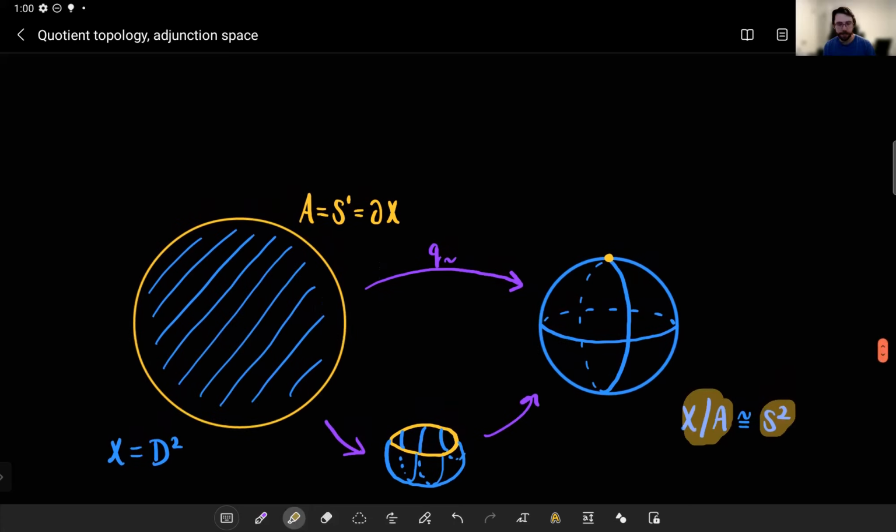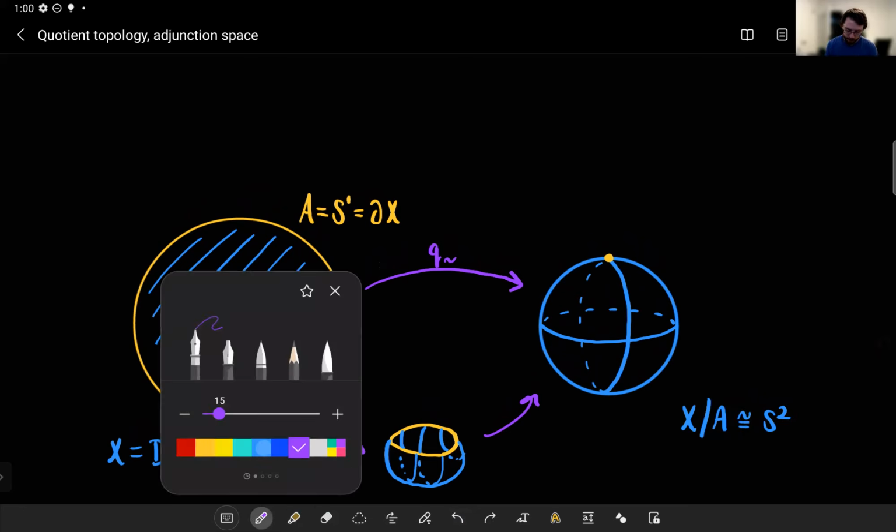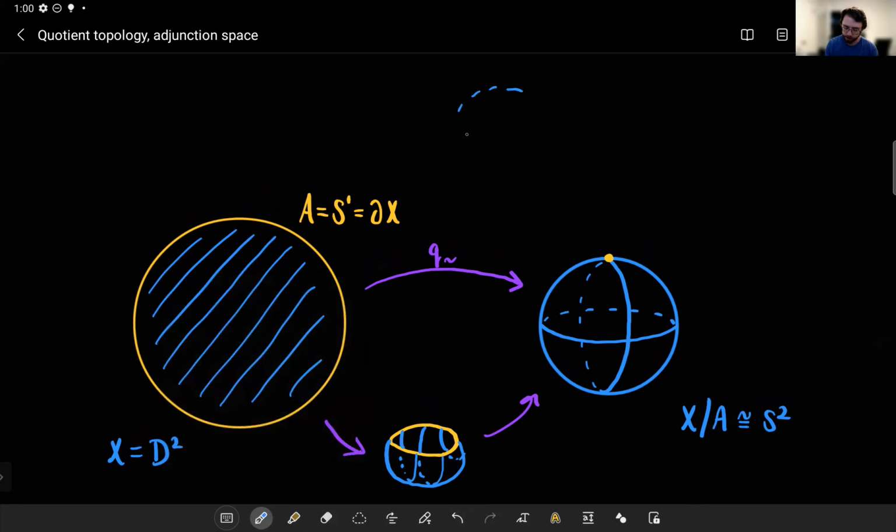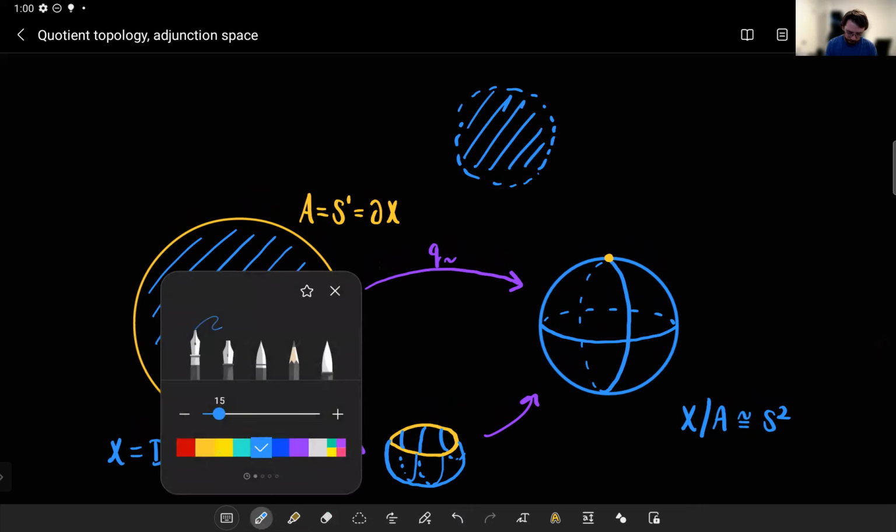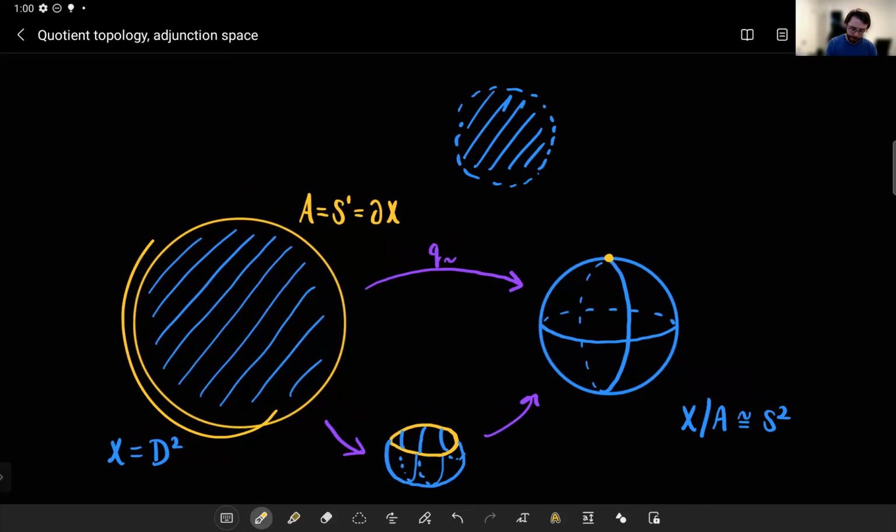Now, to be technical, I really just wrote they're homeomorphic here. That's my symbol for homeomorphic. To be technical, really, when you apply this map, all that's happening is you're saying, okay, I have my disk, and now I'm not worrying about the boundary. And the boundary itself right here gets identified to a single point. Maybe call it A star or something.